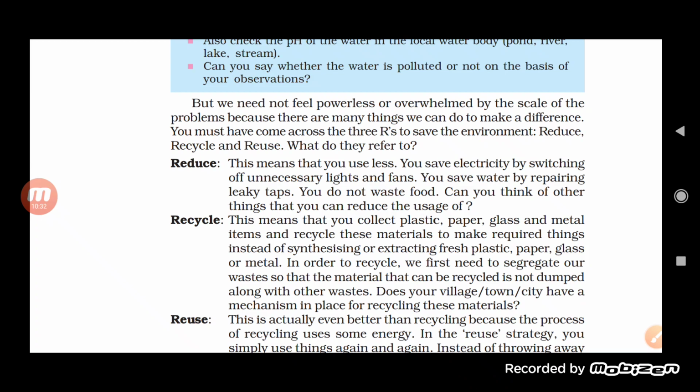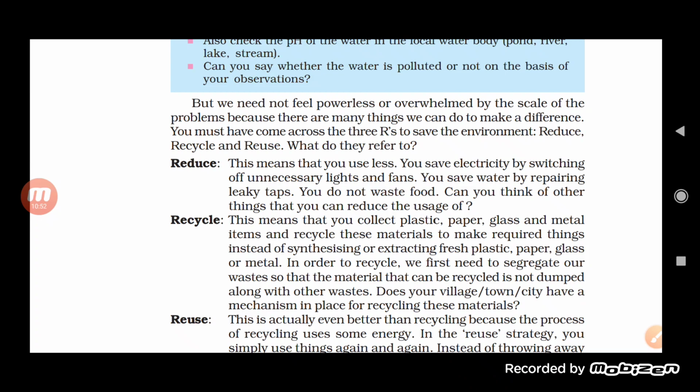The second one is recycle. The things which are not in use right now, instead of throwing them here and there, we can collect them and give them to factories or industries, where they will get recycled again.